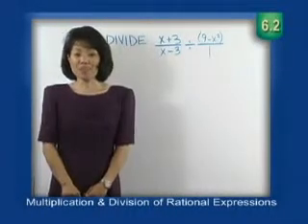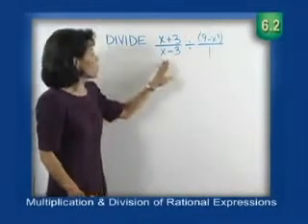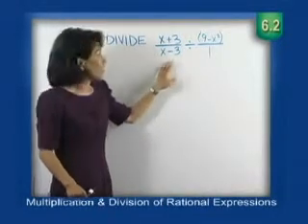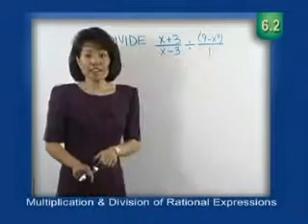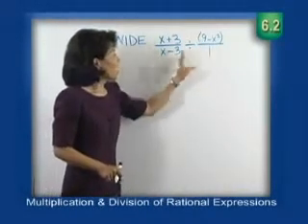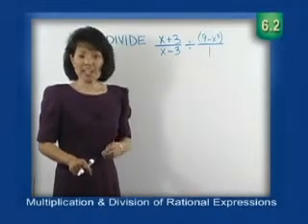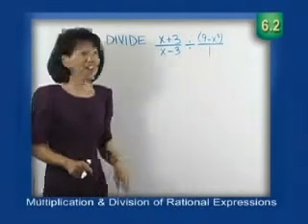Let's divide some more rational expressions. Here we're going to divide x plus 3 over x minus 3 divided by 9 minus x squared all over 1. Now remember, the key to dividing these rational expressions is we want to rewrite each numerator and denominator in factored form.